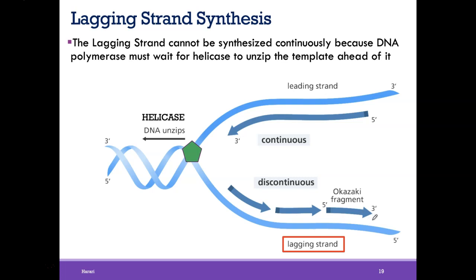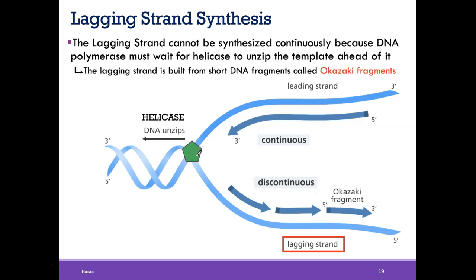It's impossible. What has to happen is it has to wait. So this is the first little fragment put down. The lagging strand is built from short fragments called Okazaki fragments. Okazaki is the scientist who discovered these fragments. So the lagging strand is built discontinuously in short Okazaki fragments.